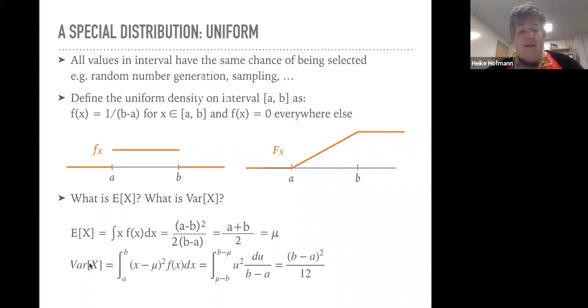And then the variance comes out as b minus a squared over 12, and that's just an application of some calculus. But that is true for every uniform density.